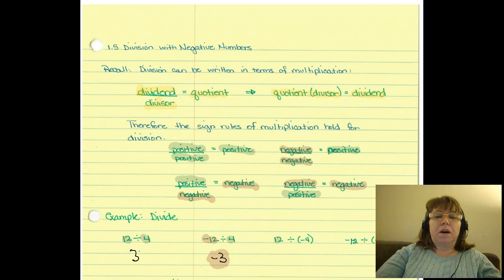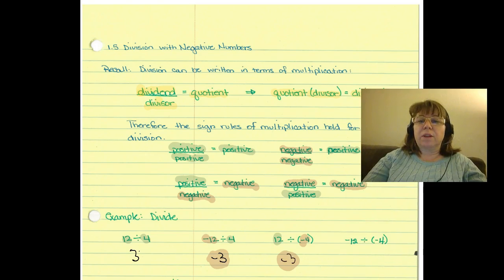Now I have a positive 12 divided by a negative 4. The signs are not the same. My solution better be negative. Again, it's negative 3. Negative 12 divided by negative 4 is going to be a positive 3.